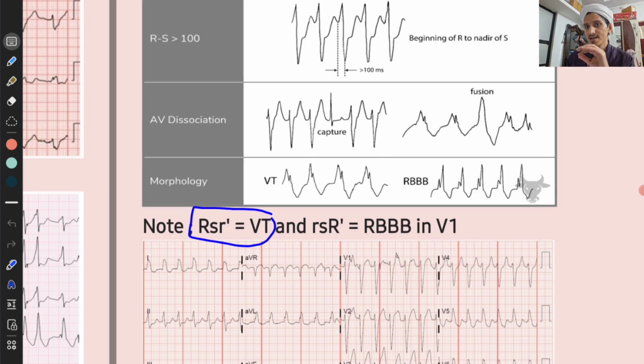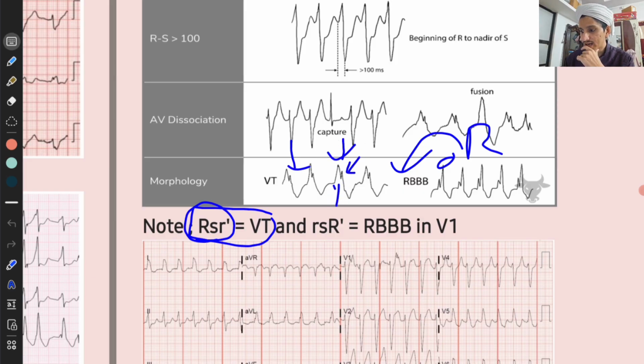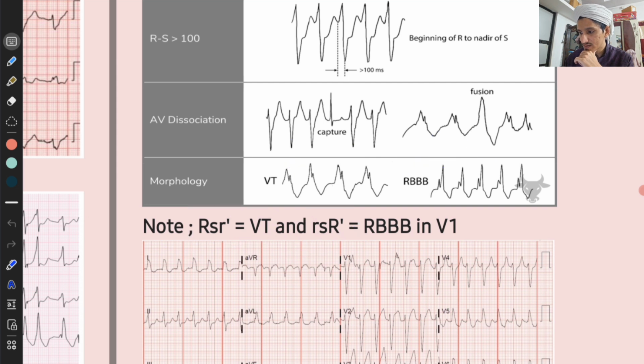Right ear taller than left ear, that is RBBB. Right is taller, R for RBBB. Right is shorter, that is not RBBB. The RSR dash pattern has a big R, then S, then a short R. The rSR pattern has a small r, small s, and a capital R. This you should know. Four very important features in this box you should remember.